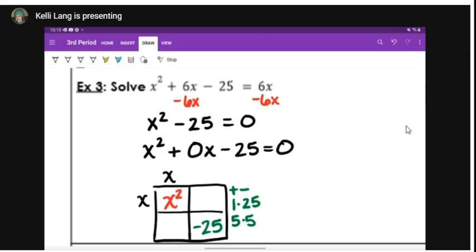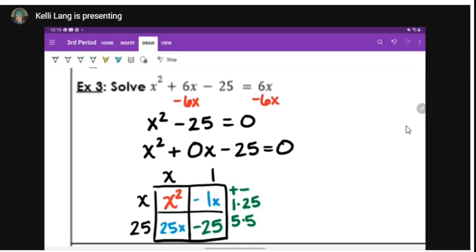Can anybody foresee what's about to happen here? Does anybody want to make a prediction about what the answer is going to be? Well, if nobody thinks they know what's about to happen, I'm going to go ahead and use 1 and 25. If I use 1 and 25, that would give me a 25x and a 1x, and one of them would have to be negative.